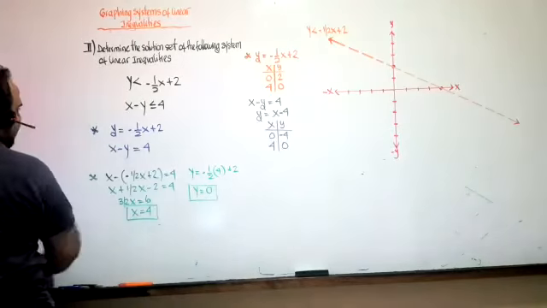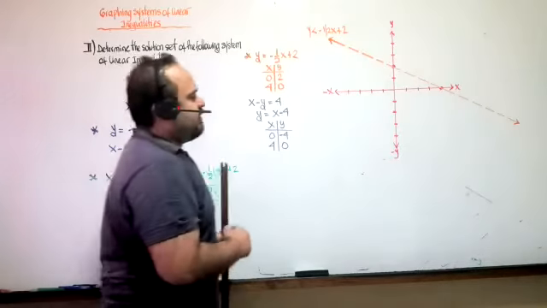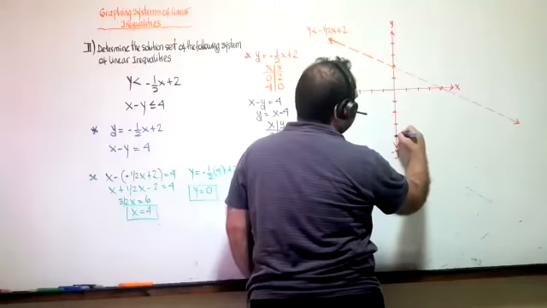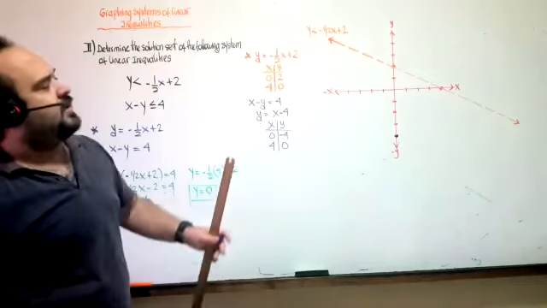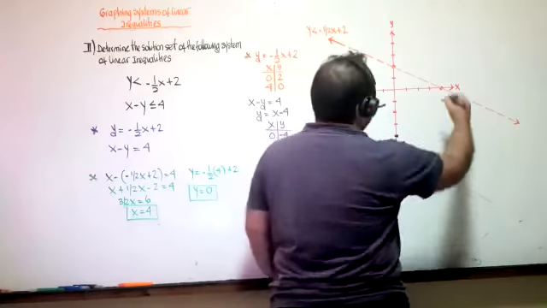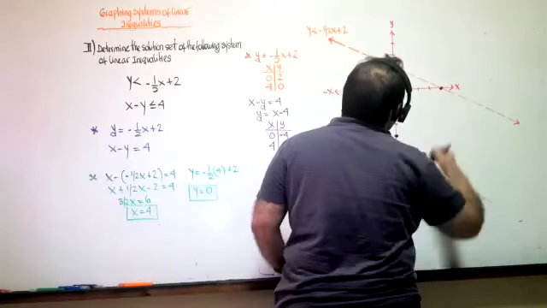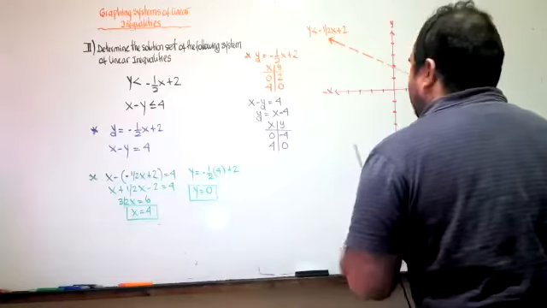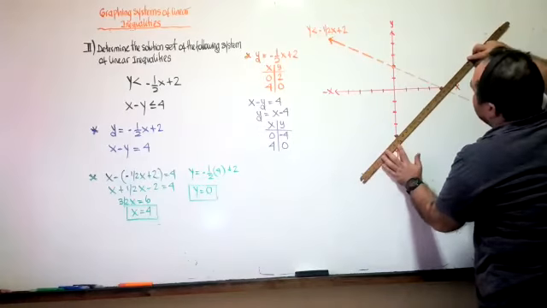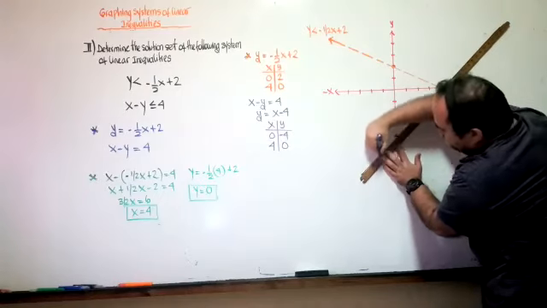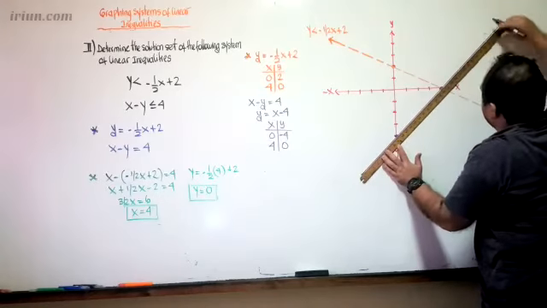The purple one, 0 with negative 4. And obviously the other one will be 4 with 0. You see the same intersection points. I'm going to draw the line.